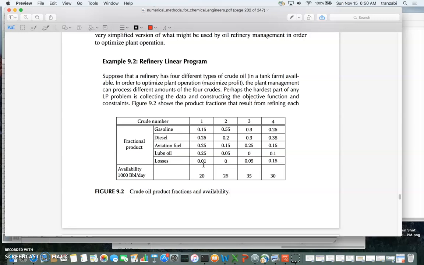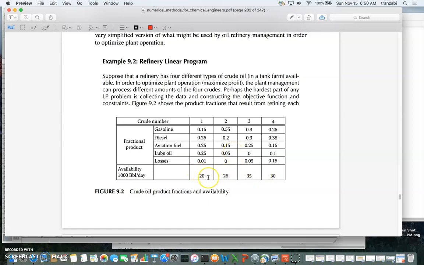That means there are other things that are not in this table. Well, we don't care, just to let you know that these are the fractions, and they don't necessarily add up to 1 because there are other things not in this table. Okay. So product 2 has 55% of gasoline, 20% of diesel, 50% of aviation fuel, 5% lube oil, and soap.